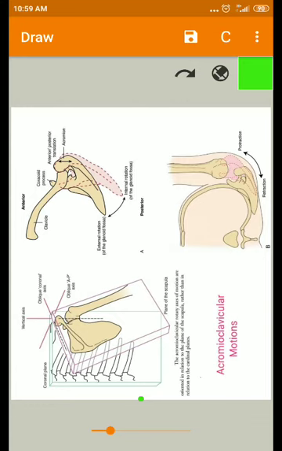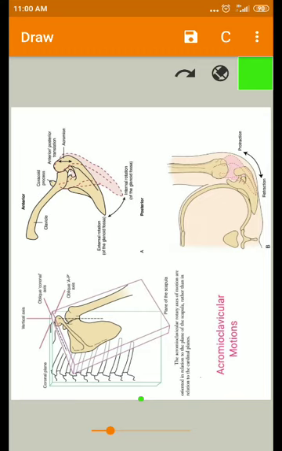Okay, and now we will see at what axis all these movements are taking place. Internal and external rotation of the scapula in relation to the acromioclavicular joint.